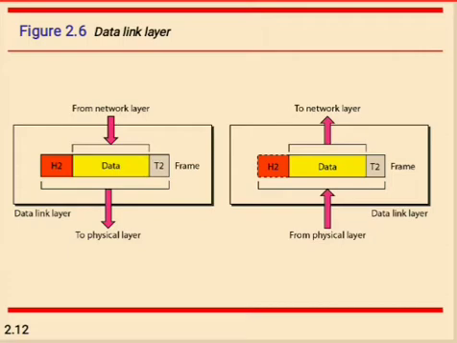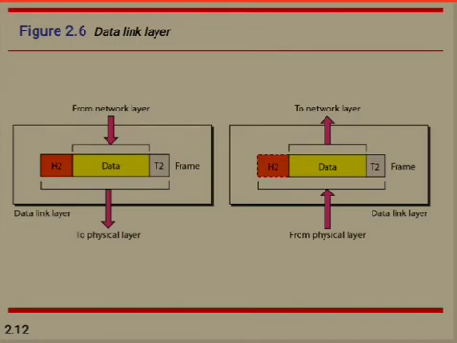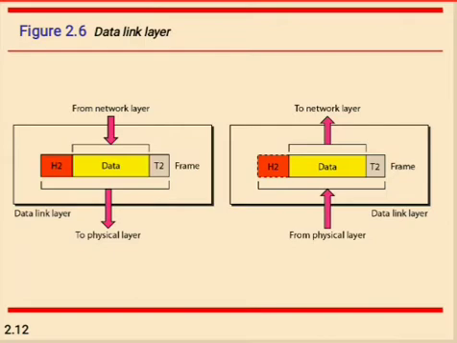After creating the frames, the data link layer adds the physical address, that is the MAC address, of the sender and or receiver in the header of each frame. So it is sending the address through frames.